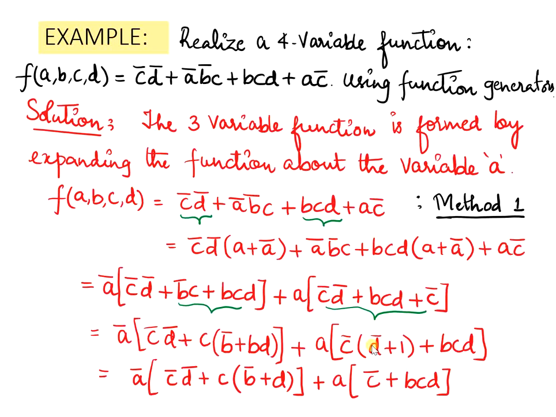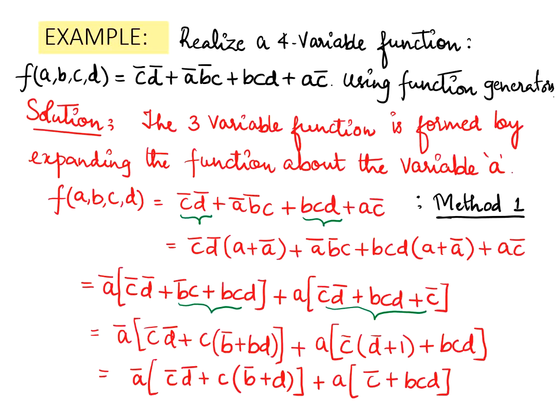There are 3 ways to do it. One method is the simplification of the expression. The second method is to use the Karnaugh map, and the third method is to use Shannon's expansion theorem. So let us look into each of them and see which one is the best way to represent the function and realize the expression that is being given.